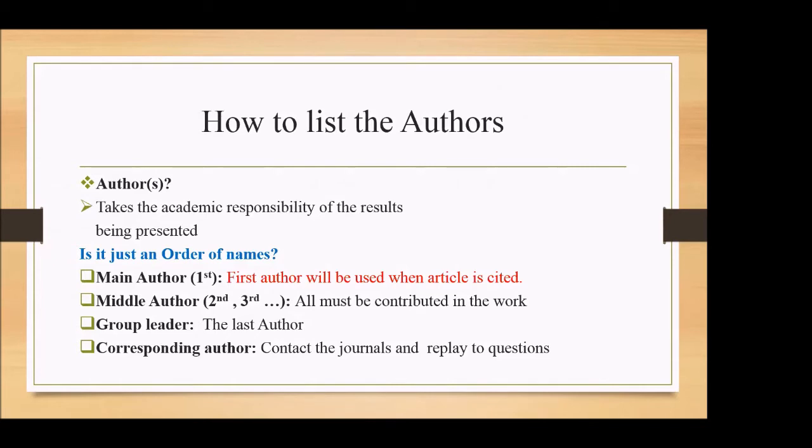So if you are only two, let's say, you and your supervisor, your name will be first as the main author. If your supervisor, for example, contributed fully on this work, her name will be the first one. But usually, if you are an MA student or a PhD student, your name will be the first name. So you are the main author and then your supervisor.